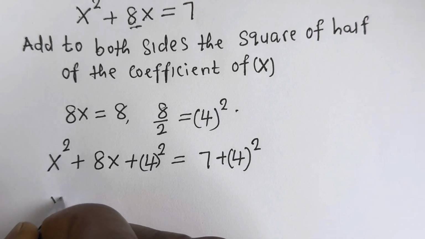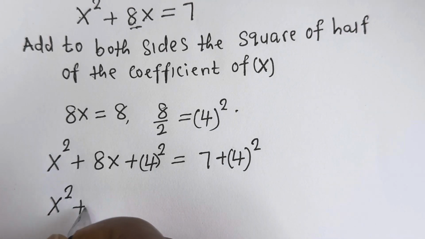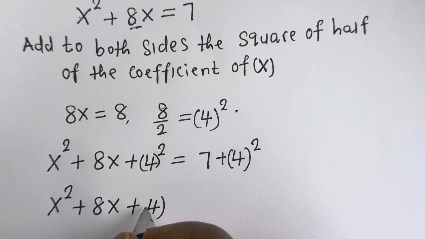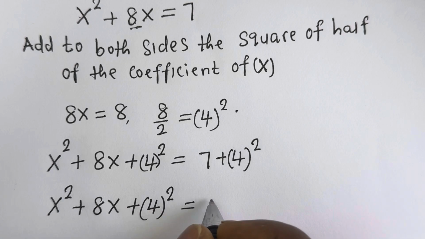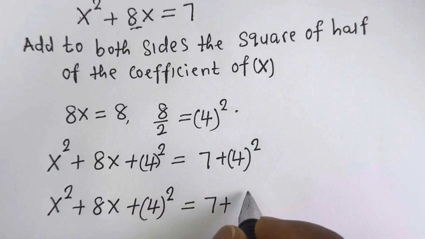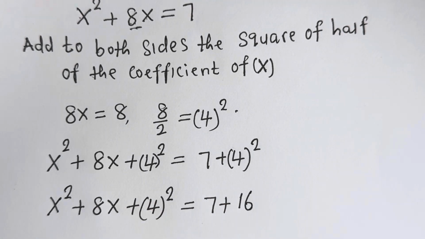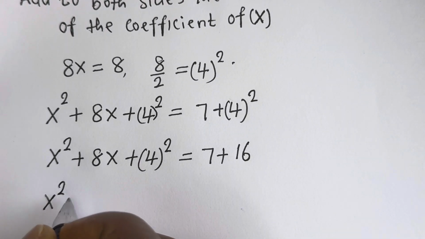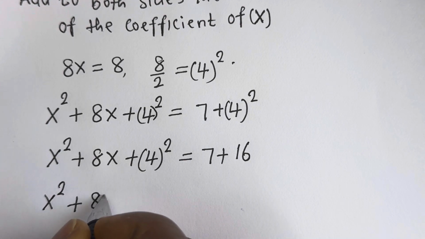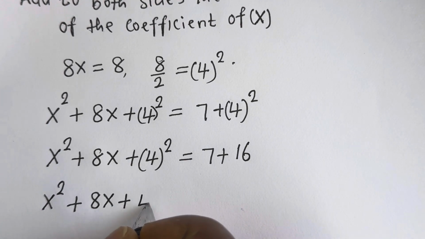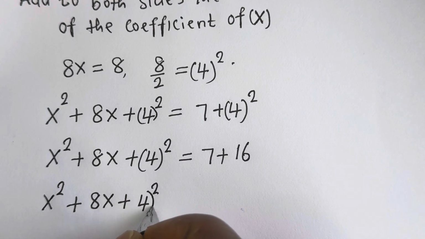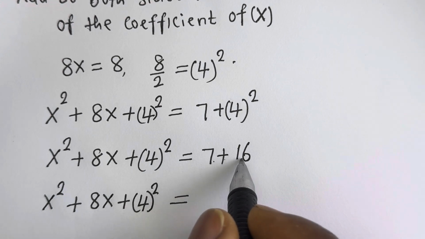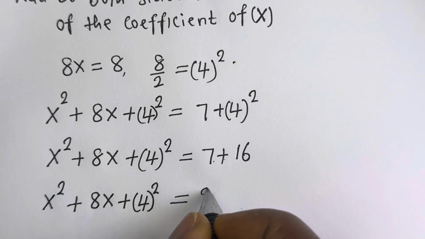Now, this is s squared plus 8x plus 4 squared is equal to 7 plus 4 squared, that is 16. Then this is s squared plus 8s plus 4 squared is equal to 7 plus 16, that is 23.